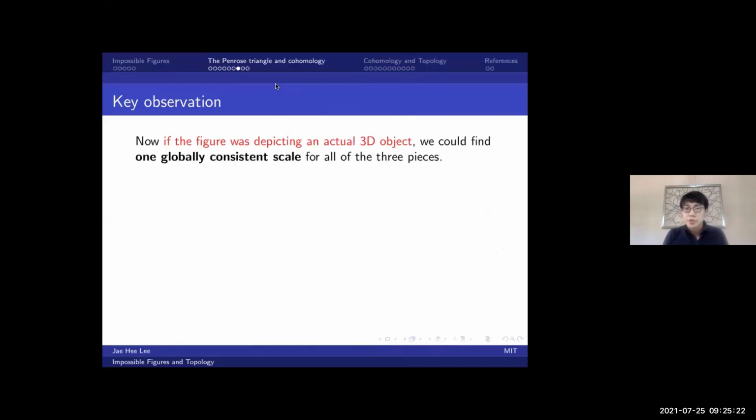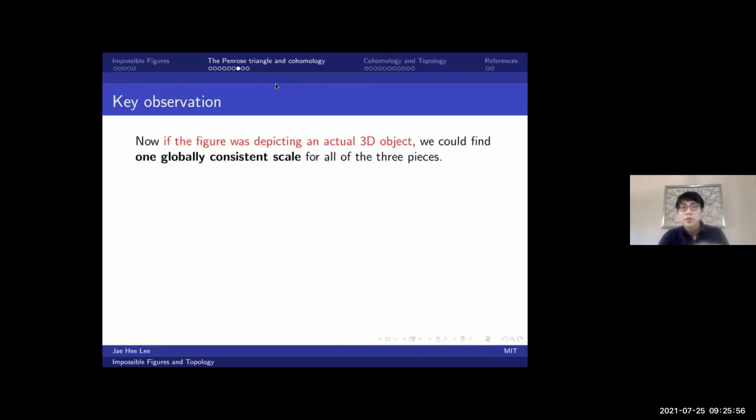By proof by contradiction, suppose that the figure you were looking at from the beginning, the Penrose triangle in this example, was a projection of an actual honest three-dimensional object that exists in three-dimensional space. We know that it's not true, but for the sake of contradiction, suppose that it is. Then these partial images and partial objects that we're considering are just going to be magnified versions of parts of the original single object that exists in three-dimensional space.